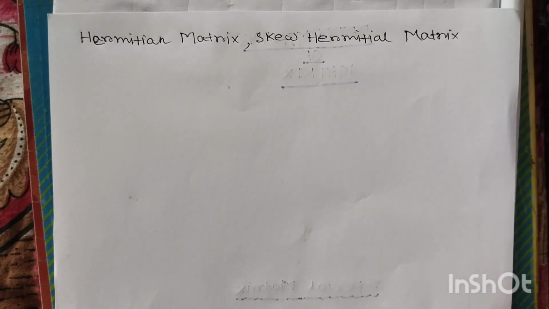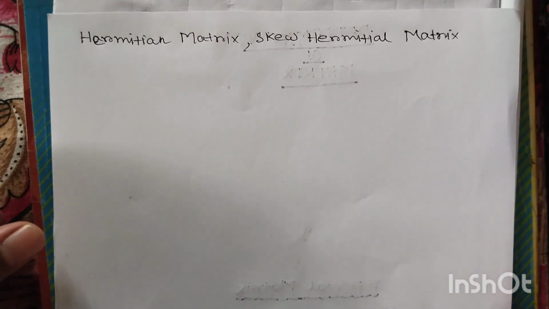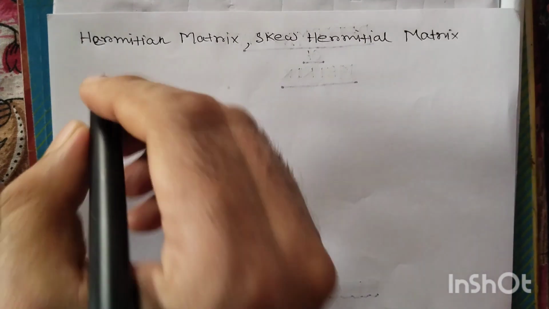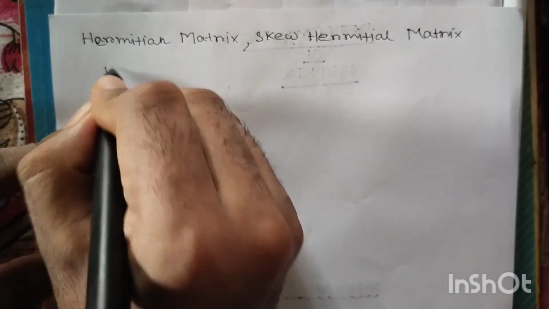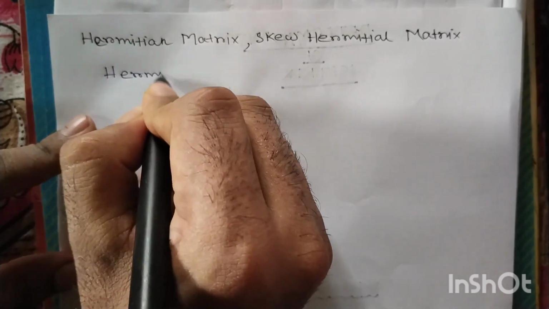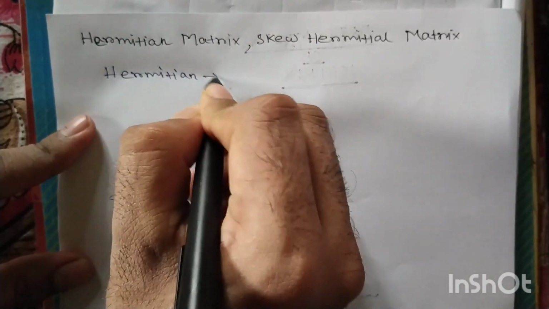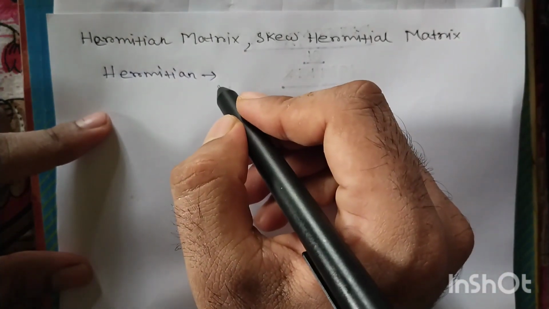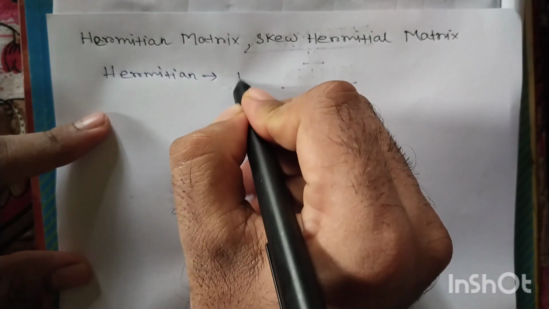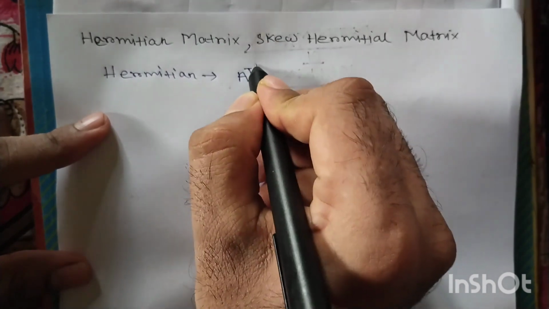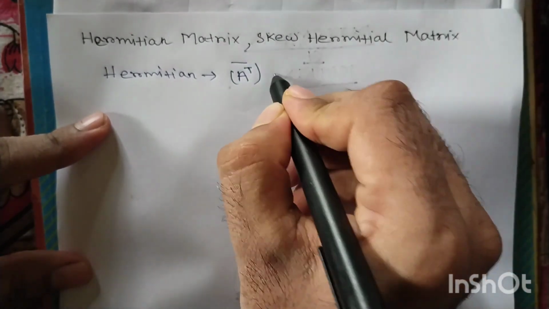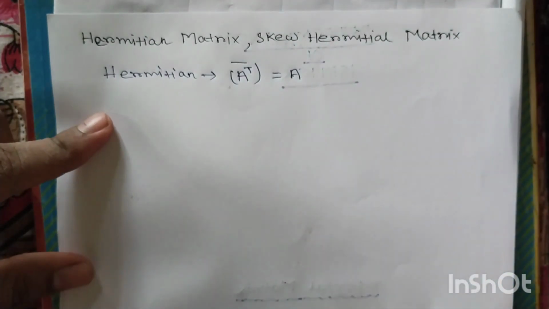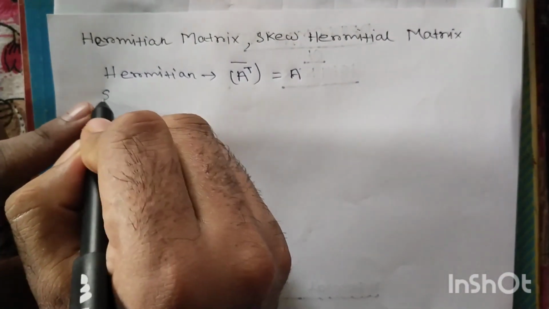Okay, now the Hermitian matrix and skew Hermitian matrix definitions. For the case of Hermitian matrix, a matrix is said to be Hermitian if the transpose of A and its conjugate is equal to A. Okay, secondly, skew Hermitian.